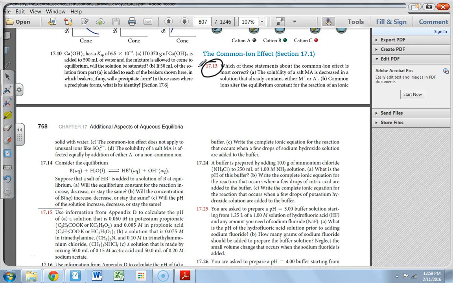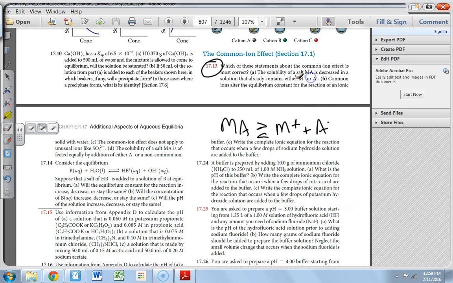And so remember that this is a weak condition, and we're talking about the solubility of MA, some sort of metal acid, and that's going to be in equilibrium with M plus A minus. And so we want to see what happens in this equilibrium.